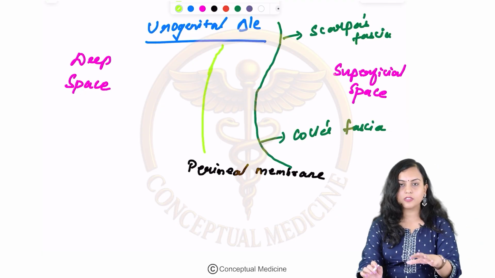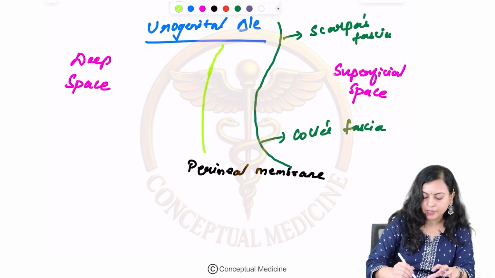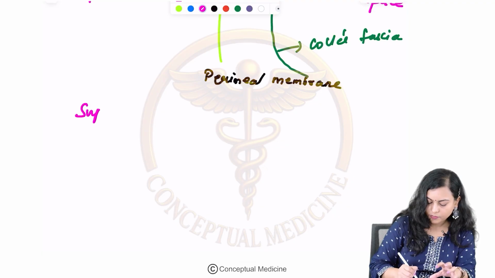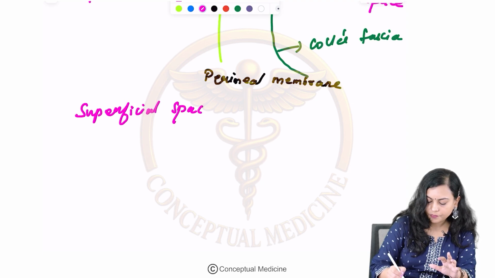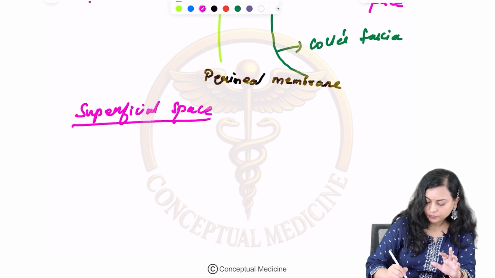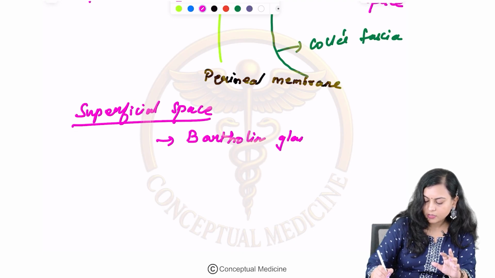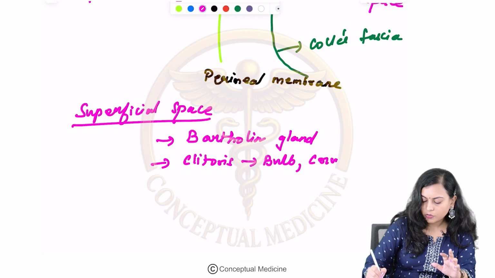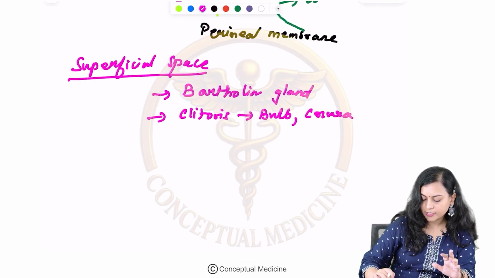Now, generally, the superficial space is a closed compartment, and what are the structures present in the superficial space? That you have to know. So, superficial space consists of number 1 is Bartholin gland, number 2 is clitoris, especially the bulb and crura of clitoris.